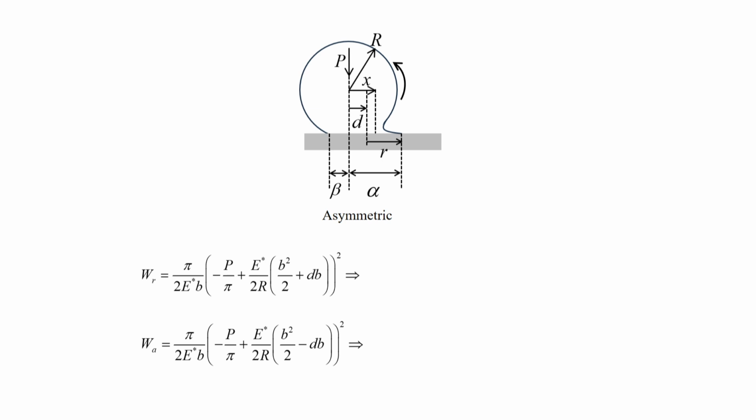So, for example, the W r and W a we have derived. Let us do it like this. Let us write square root of W r.